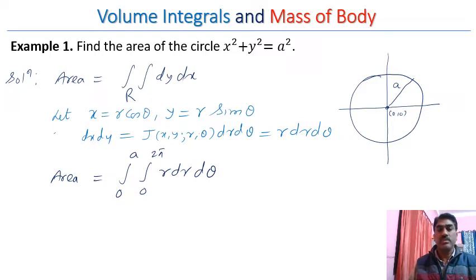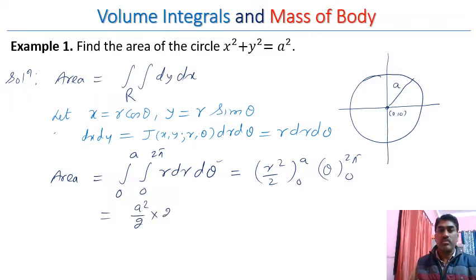Now this is an integral with constant limits, and we have already seen in previous lectures that when the limits are constant, we can integrate r and theta independently. So the r integral is r square by 2 with limits 0 to a, and the d theta integral is theta with limits 0 to 2 pi. So you get a square by 2 into 2 pi, that is pi a square, which is the standard area of this circle. You already know this.